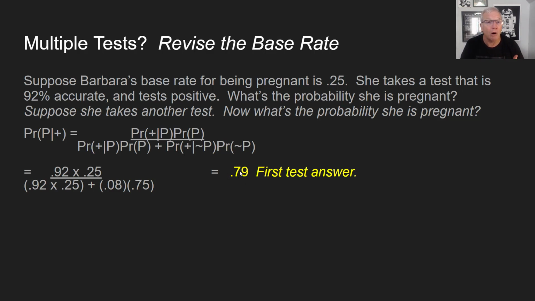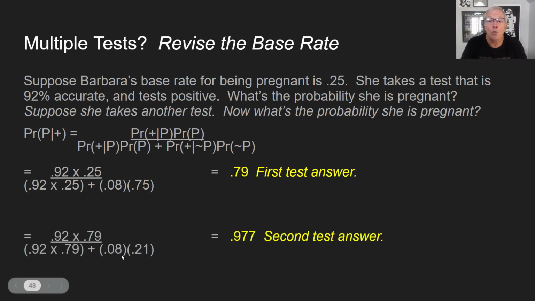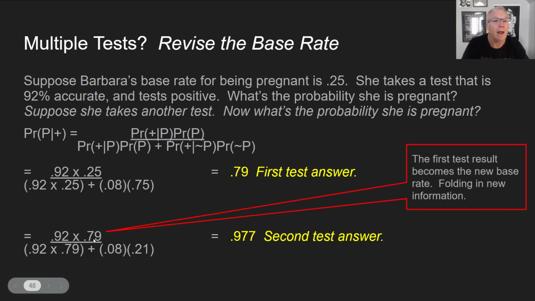This is now where we are with thinking Barbara's pregnant. We used to think she was 25% likely to be pregnant. Now we think she's 79% given that she took one test. So what we do in the new equation for the second test is we put 0.79 right here, and that's the new base rate that changes from 0.25 from before.